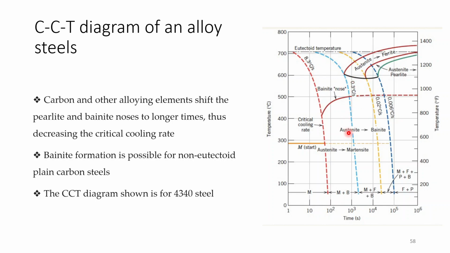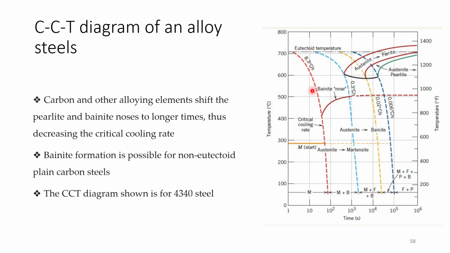At this light blue color, you are getting to the nose temperature, so you are not converting it into stable phases, so you are getting the remaining bainite and ferrite. In this region you won't be forming any stable phases, so you are getting bainite and martensite.